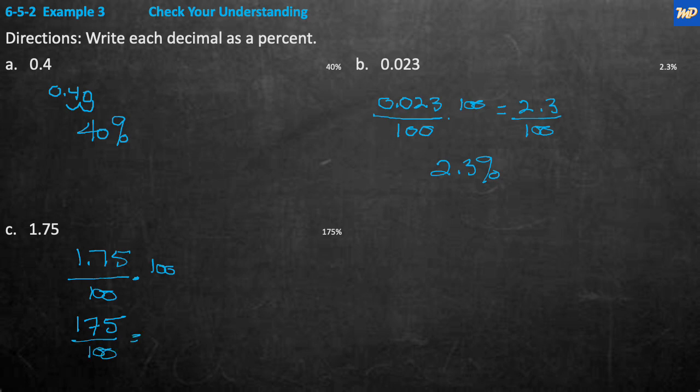Then we drop the 100, and we have 175%. The other method to use was, for 1.75, move the decimal point 2 places to the right. We moved it twice, which puts the decimal point here at 175. And now when we move the decimal point, we have to add a percent sign.